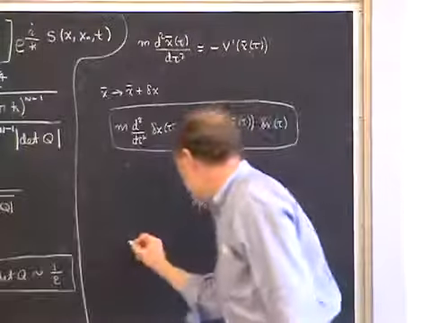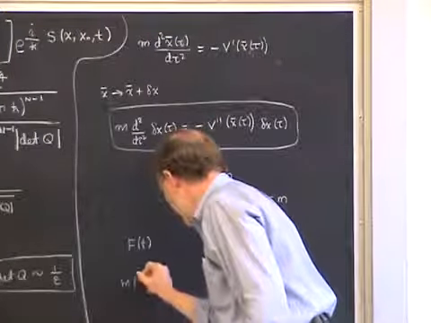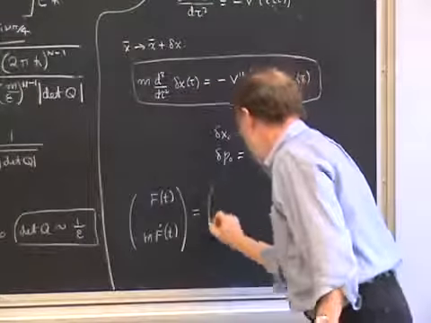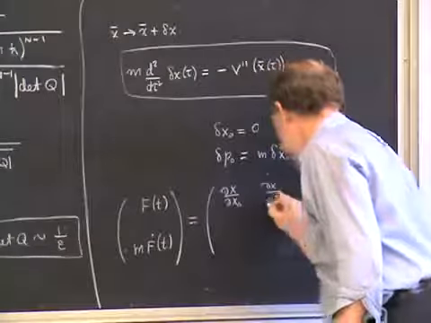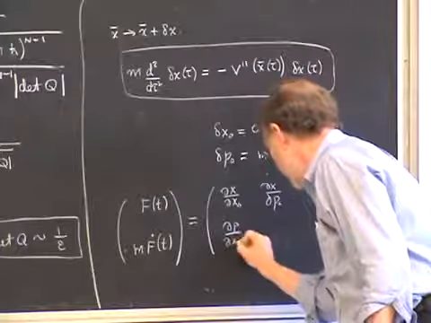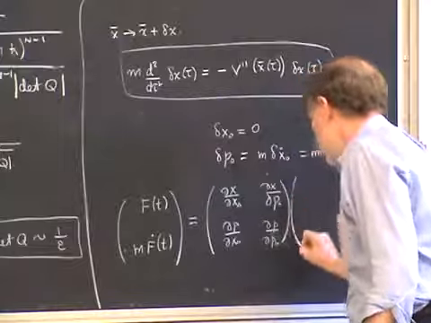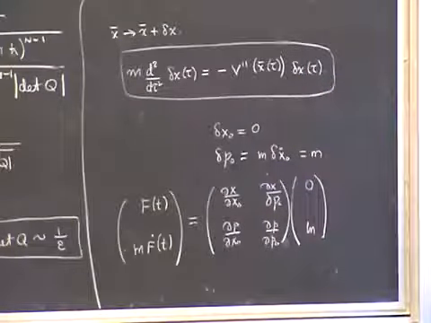And so the result of this is that f at the final time, and the mass times f dot at the final time, which is like the final momentum, is equal to this same matrix, dx dx0, dx dp0, dp dx0, and dp dp0, applied to 0 and m, like that.